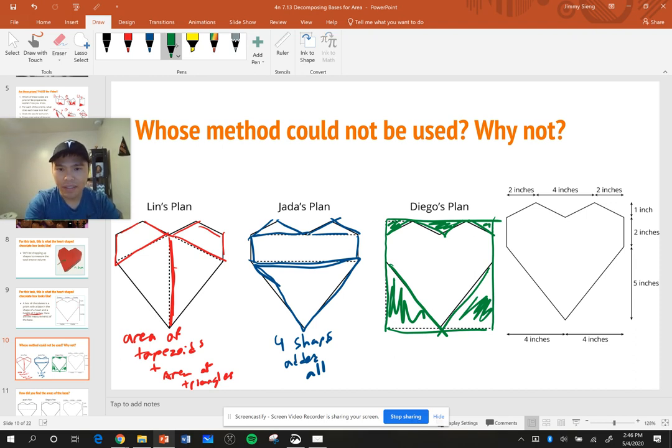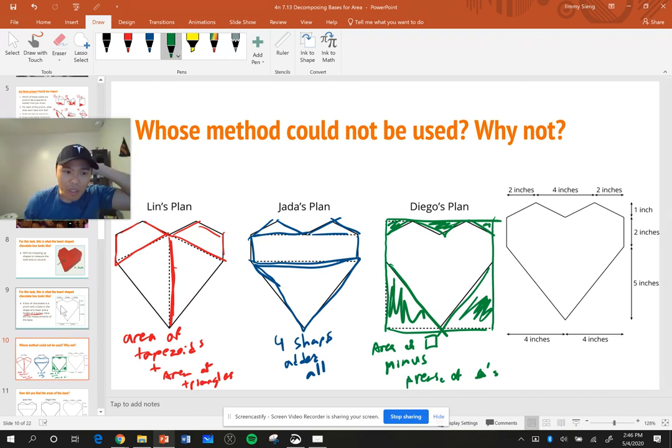So he took the area of a square minus areas of triangles. To do that, you take the square minus those little pieces, you should get the heart shape, okay?